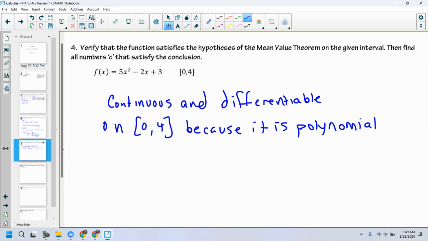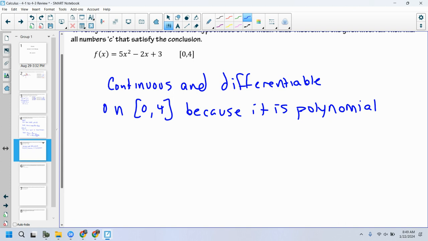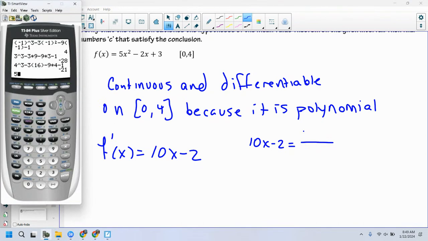Okay, now that means that I can take f prime of x, which is 10x minus 2, and say that that is equivalent to the slope of the endpoints. 10x minus 2 is equivalent to f of b minus f of a, which I've got to figure out, right? 5 times 4 squared, which is 16, minus 2 times 4, plus 3.